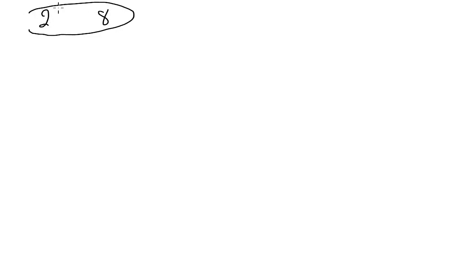If we want to compare the two of them using the greater than or less than symbol to describe their size, then the best sign that can fit in between 2 and 8 would be the less than symbol. And that tells you that what you have at the left hand side is actually less than what you have at the right hand side. But it is important for you to know the actual one that's going to fit in, because this way I got it because I know what it is.